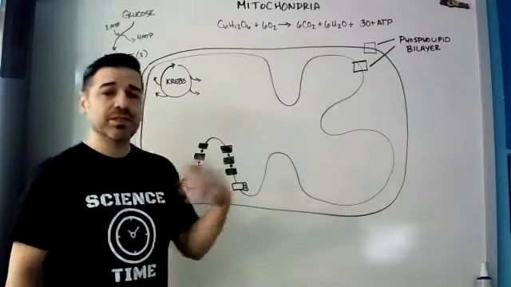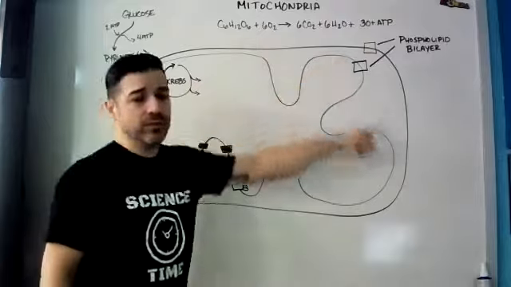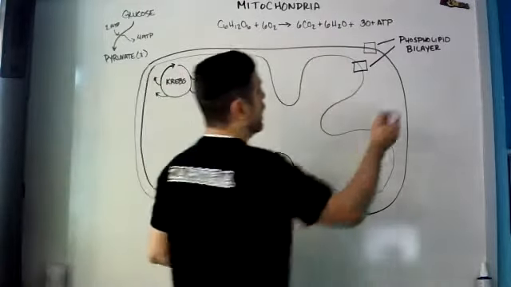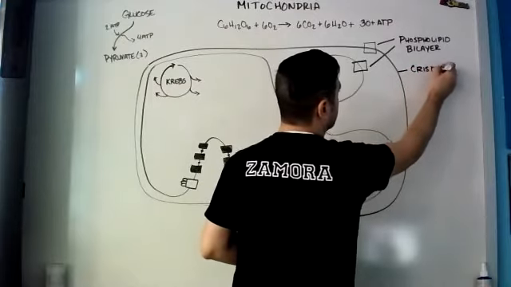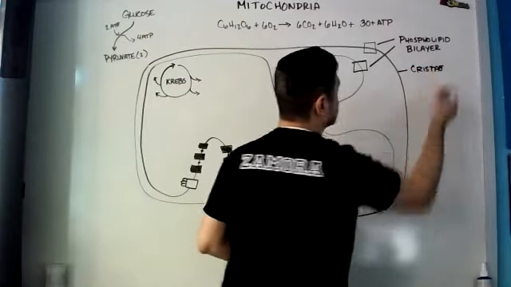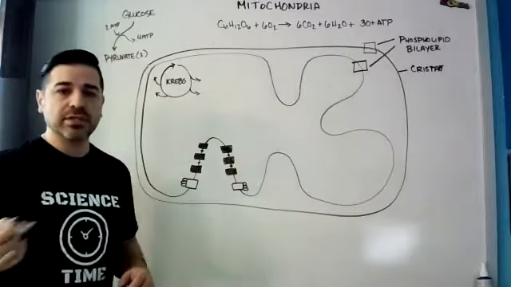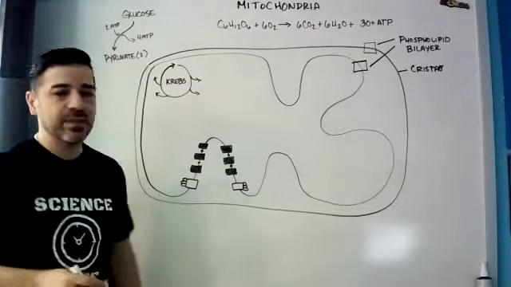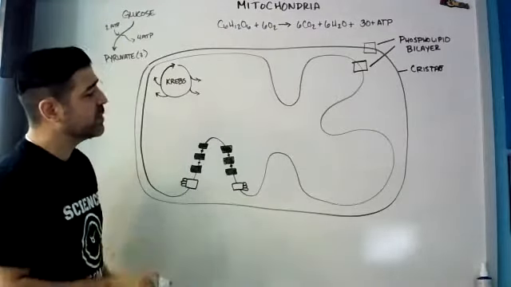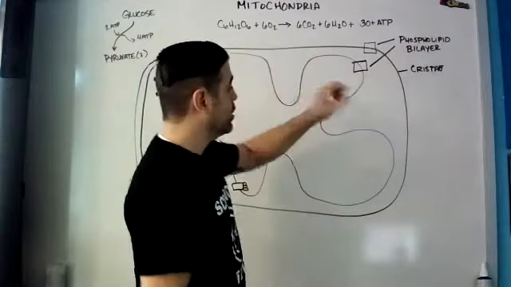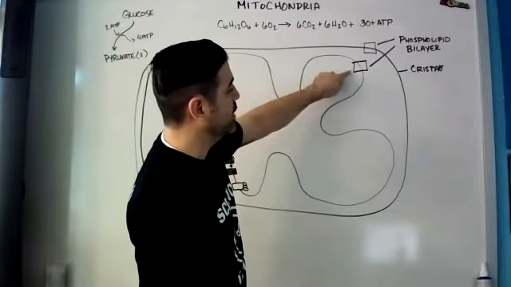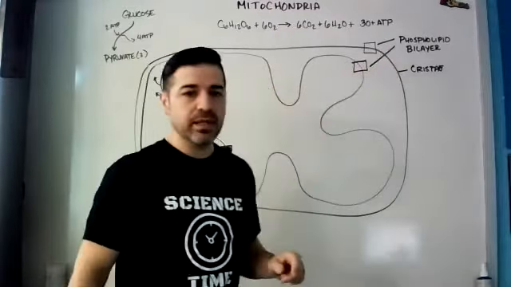Now, the mitochondria is unique in that it has an outer phospholipid bilayer that we actually call the cristae. And you have a word bank on your notes that will include a lot of these terms in case you can't quite make out the spelling. Hopefully my handwriting's neat enough for you to see this. So you have the outer membrane known as the cristae, which is a phospholipid bilayer. But notice I zoomed in on this inner membrane and said that it is also a phospholipid bilayer.